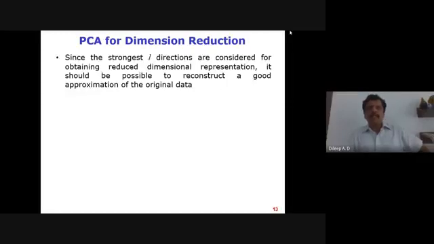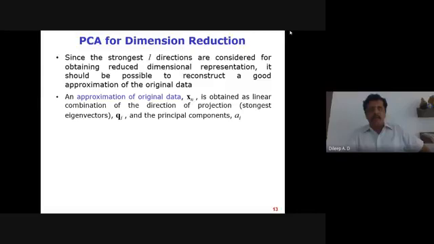How do you justify that? When you reconstruct from this L-dimensional vector, you get an approximated representation, and when the error is computed with respect to the original representation, this error should be very minimal. That is important.